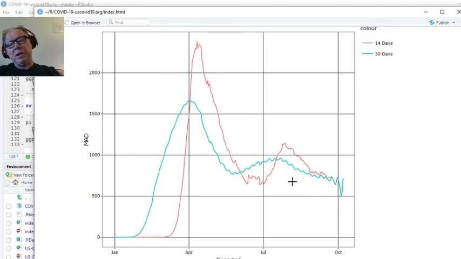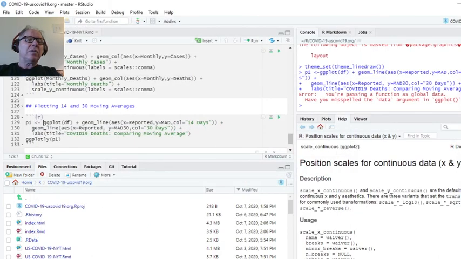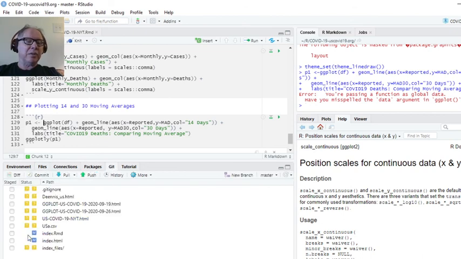Not quite sure what that means because they're kind of parallel. Anyway, okay. Not quite sure how useful that plot is, but it's always interesting to look at data in different ways.